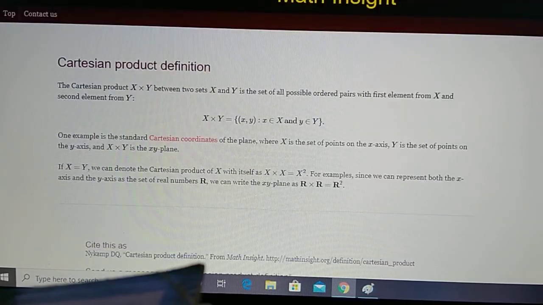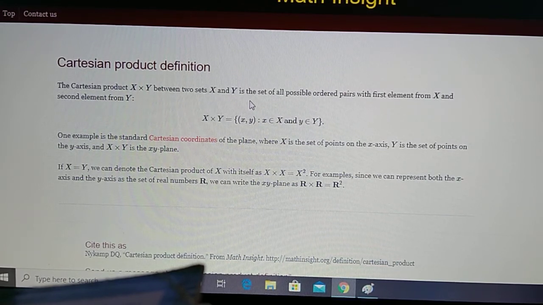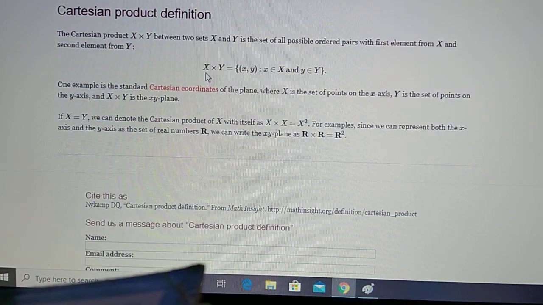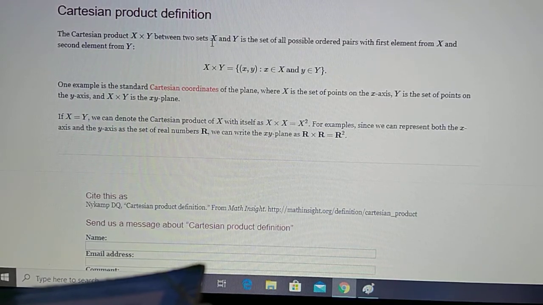The Cartesian product X × Y between two sets X and Y is the set of all possible ordered pairs, where the first element is from X and the other is from Y. This is represented as X × Y, the product of X and Y, where the element of x belongs to X and the element of y belongs to Y. This is known as the Cartesian product.